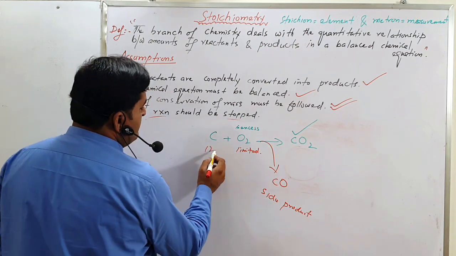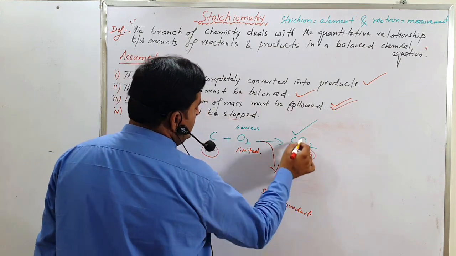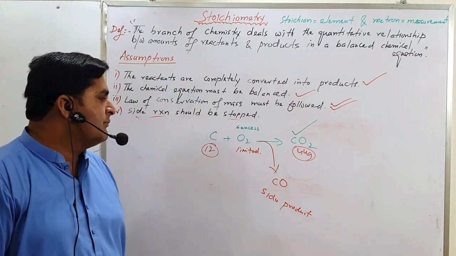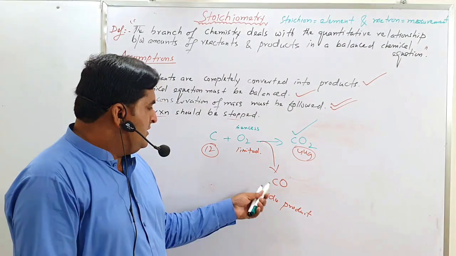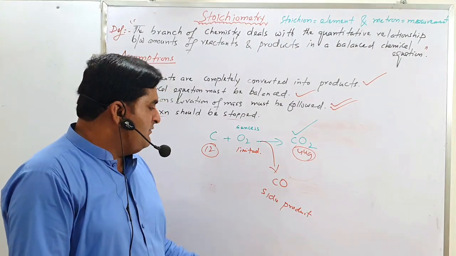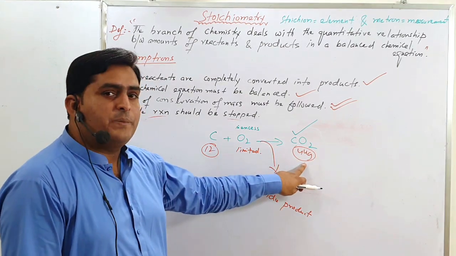Now, if we have 12 grams of carbon and we are assuming that we must have 44 grams of carbon dioxide from 12 grams, but carbon monoxide is also being formed in between, then we never get the exact amount of 44 grams.